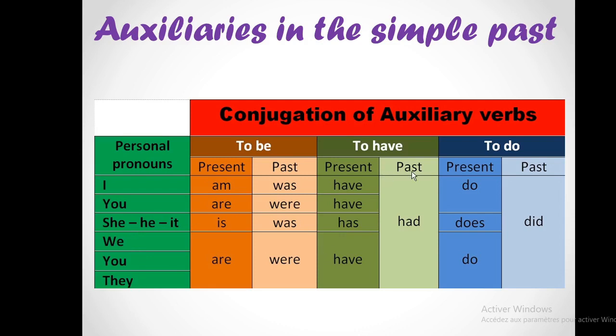In the past, it is had with all the pronouns. To do in the present: I do, you do, she, he, it does, we, you, they do. In the past, it's did with all the pronouns. So you must memorize all the forms of the auxiliaries in the past.